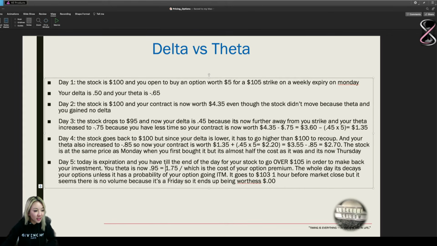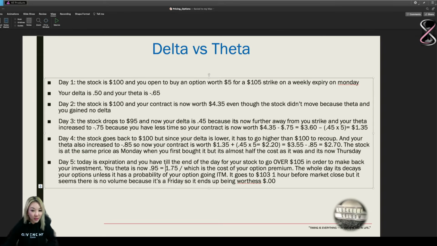Because all day, let's just say it chops around doing nothing, then into the end of the day, the probability of your option going in the money becomes smaller and smaller. And for your option to be worth anything, it has to be in the money. So on Friday, when you pay for, say, a $1.50 option, thinking, oh my God, it's going to be in the money, but you know what? That probability is not there. By the end of the day, it quickly goes to zero, worthless.